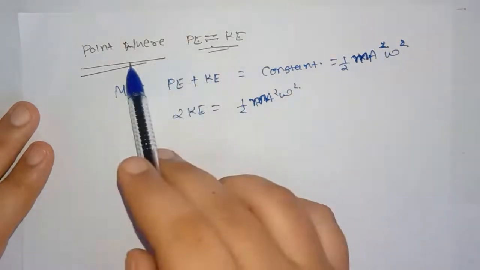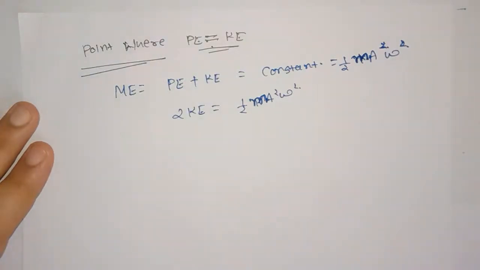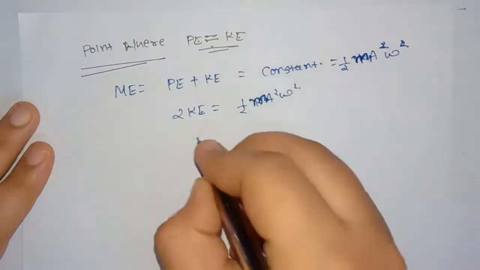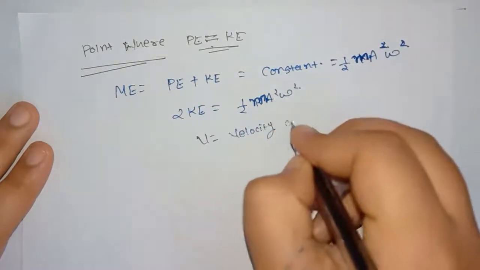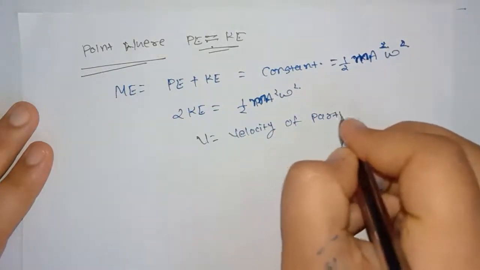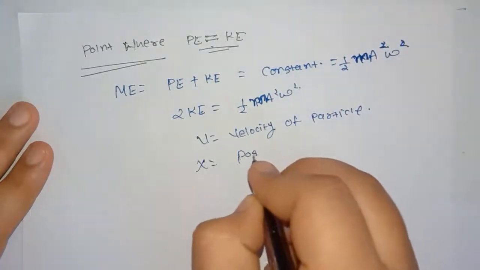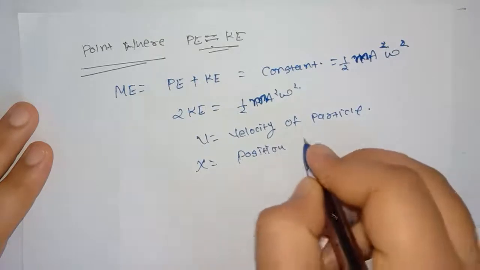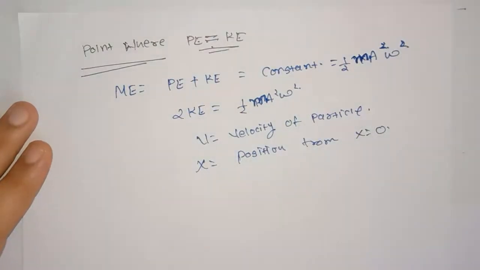Let's say the point where kinetic energy and potential energy are equal, the velocity of the particle is v and x is the position from x equals 0.